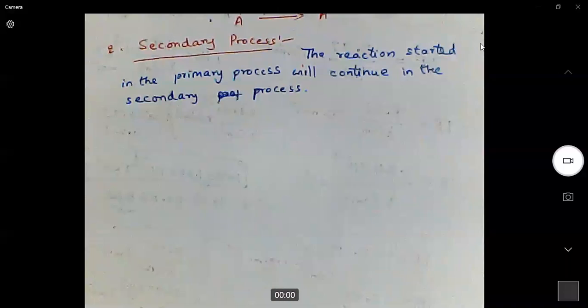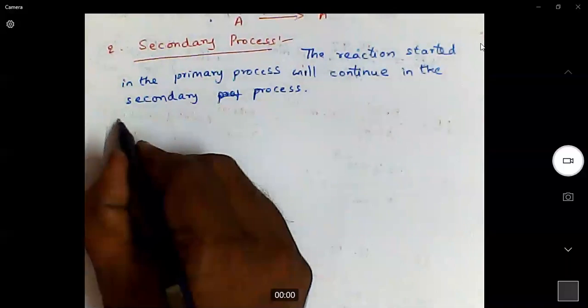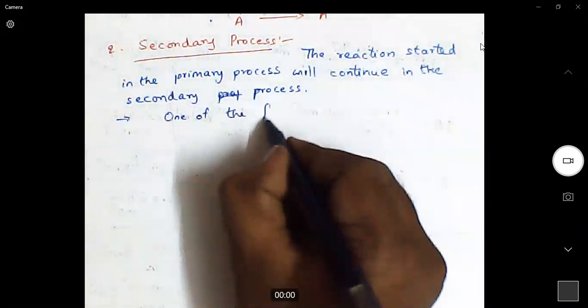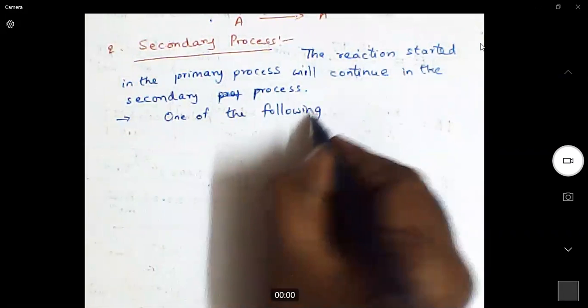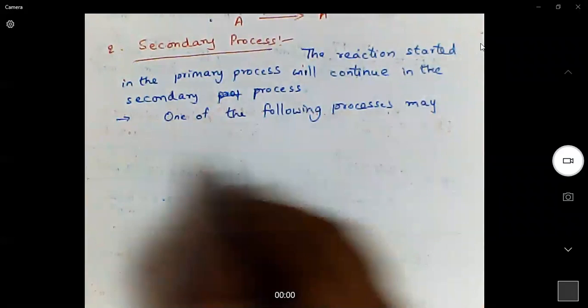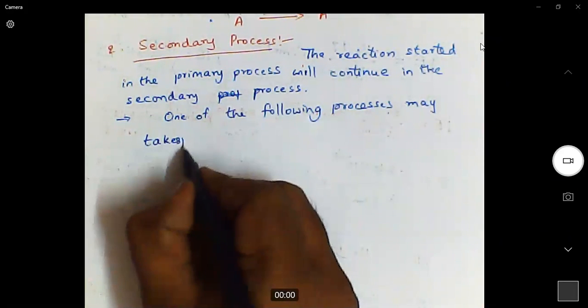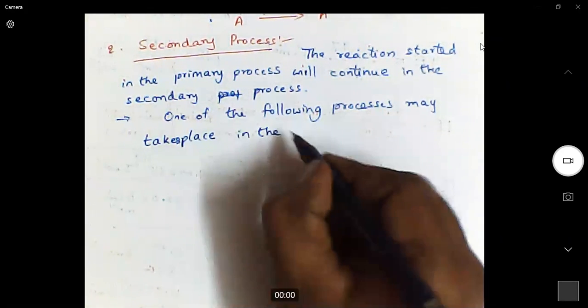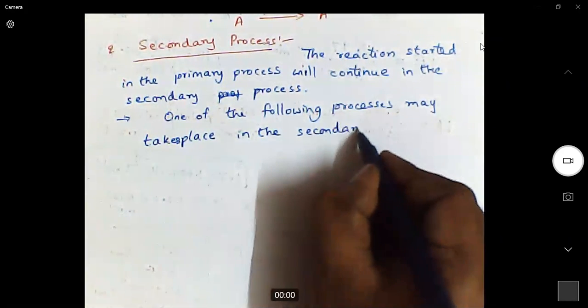So whatever the primary process that has occurred, that will also occur during the secondary process also. So the primary process will continue in the secondary process also, but the difference is one of the following processes may take place in the secondary process. So this is the difference.